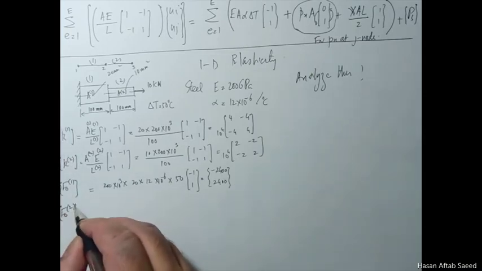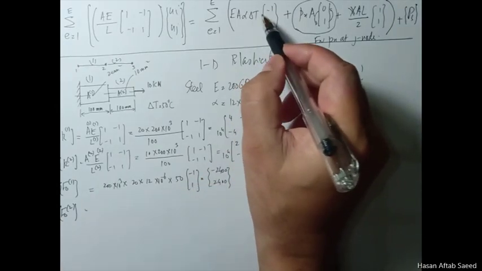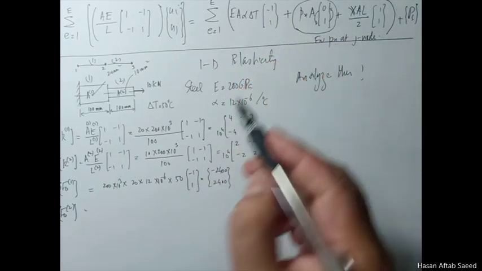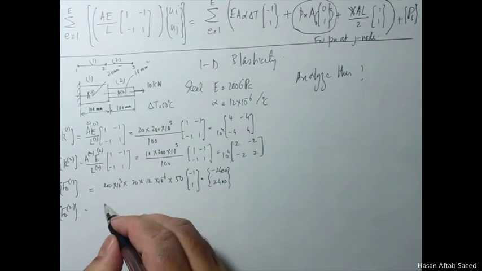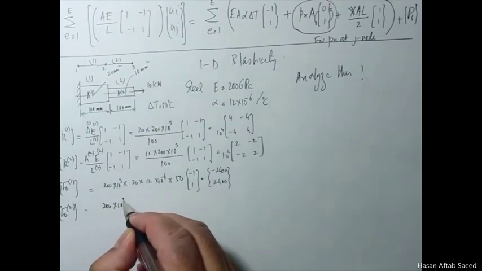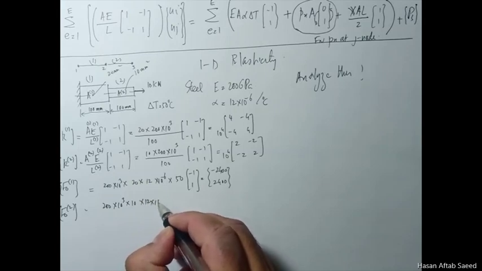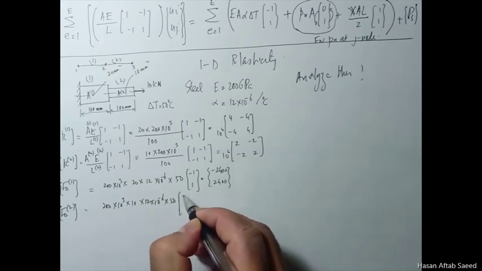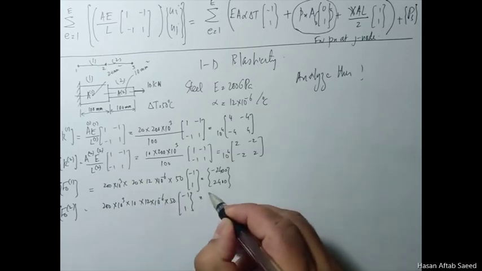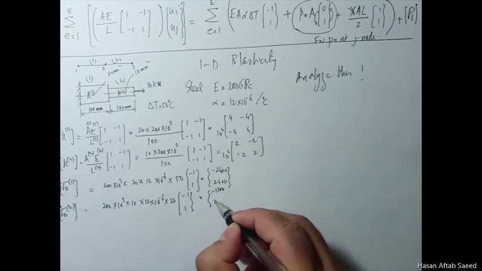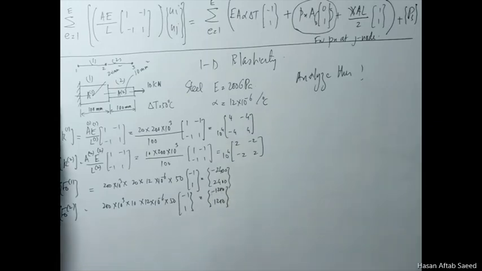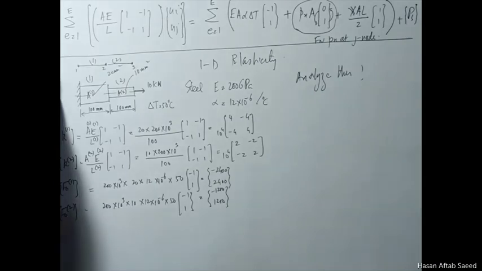F02, very similarly, because we are going to do it for two elements here, and then we'll assemble later on. So it comes out to be 10 into 12 into 10 raised to the minus 6 into 50 minus 1 1. So it should be half of this, again in newtons.